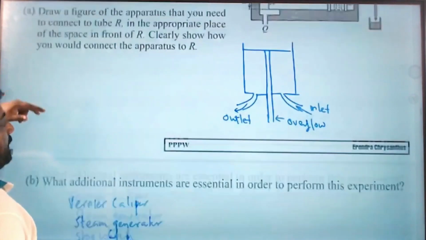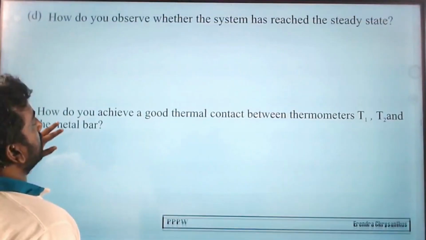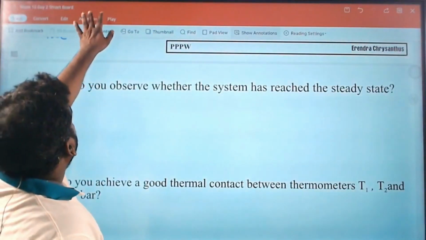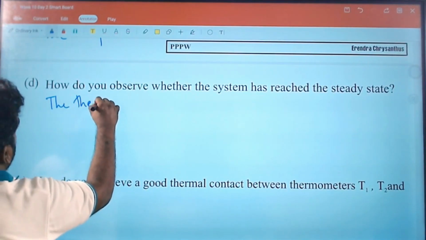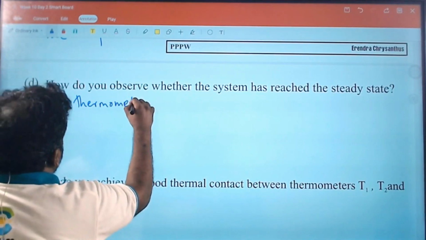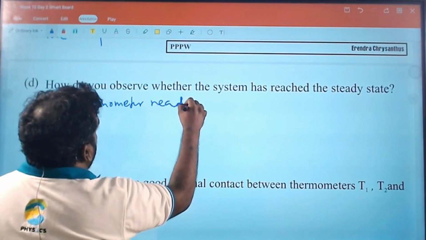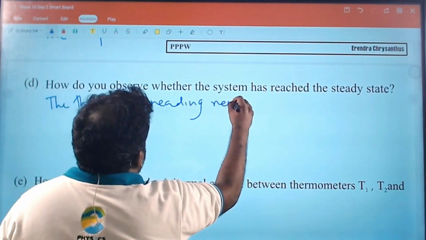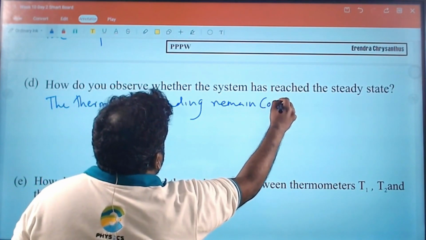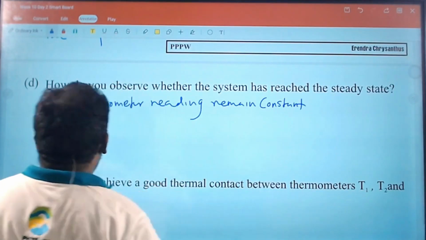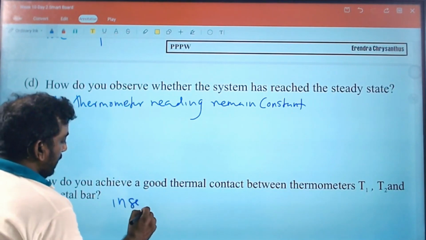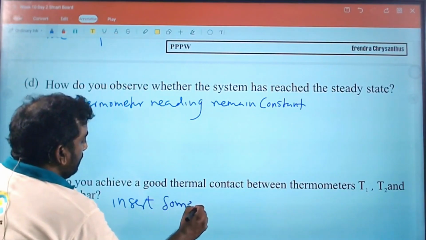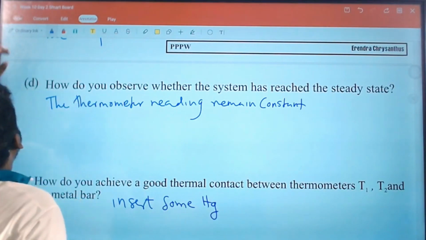The thermometer readings do not change, they remain constant. How do you achieve a good thermal contact between thermometers T1 and T2? Insert some mercury.